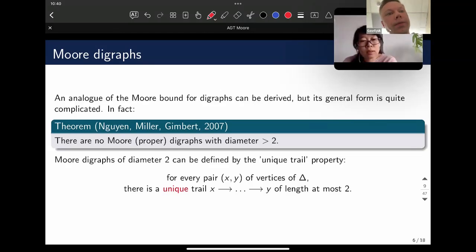So, for example, if we have a pair of vertices which are connected by an arc from x to y, then we have a unique trail of length 1 from x to y. So in particular, it means that in this graph, there are no backup trails like this.